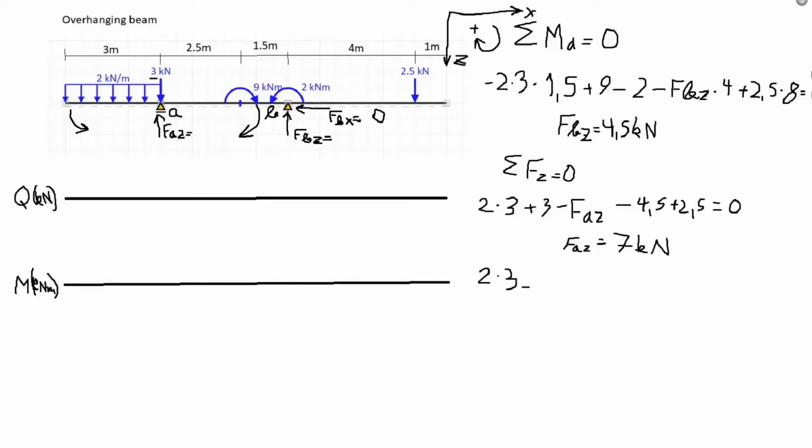So it's 2 times 3, which equals 6 kilonewtons. And since this force pushes against the beam with a positive direction force, it creates a negative shearing within the beam. So we draw our shear force diagram in the negative side of the beam.